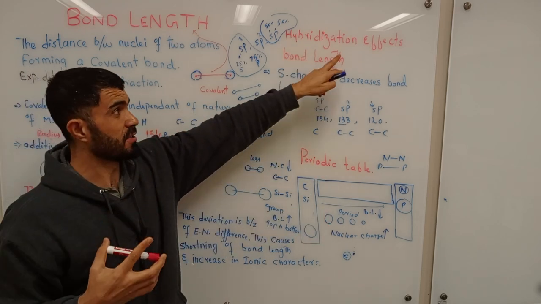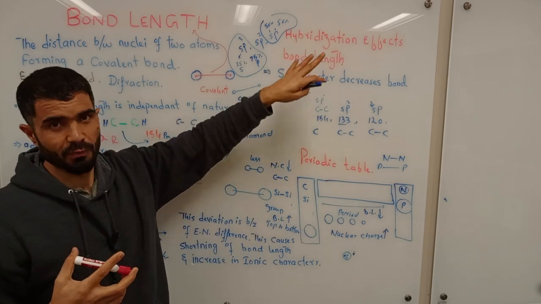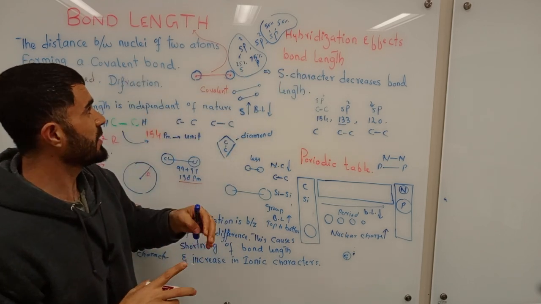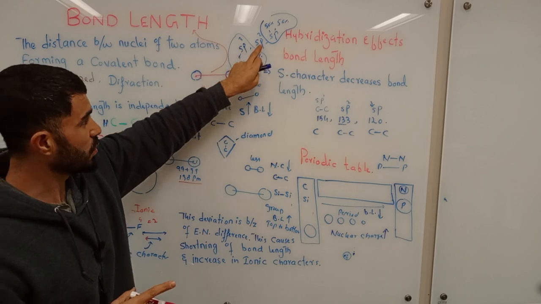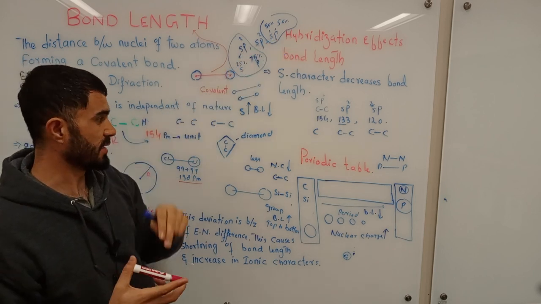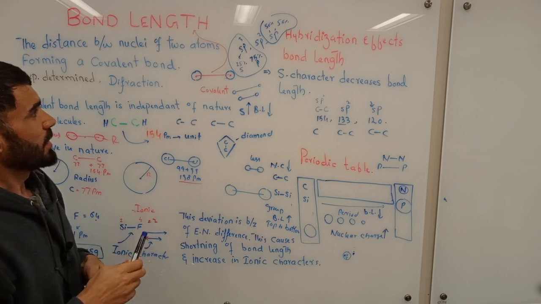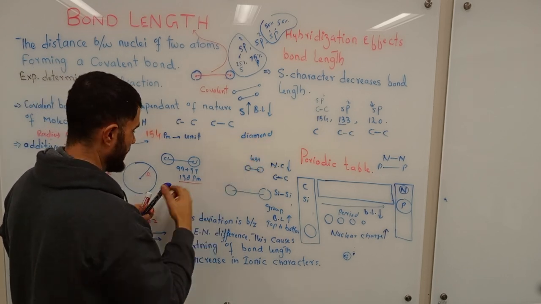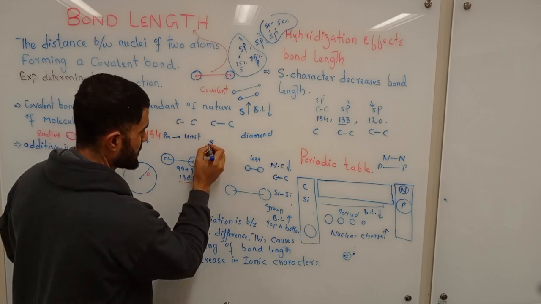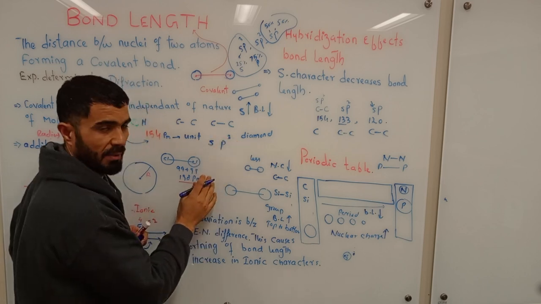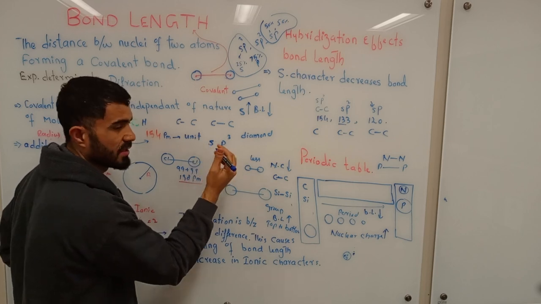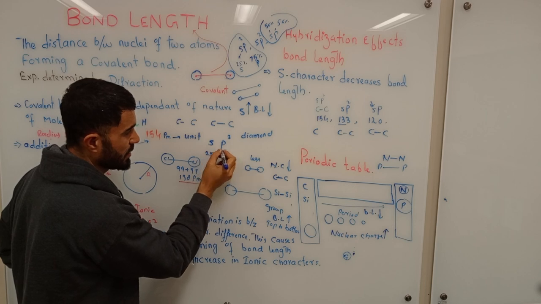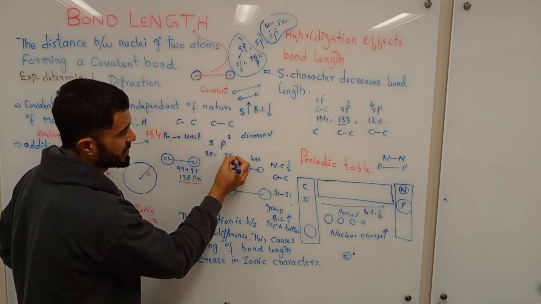It is hybridization. You know very well that hybridization is of 3 types: sp3 hybridization, sp2 hybridization, and sp hybridization. If you check in sp3 hybridization, there is 1s and 3p. 1s is 25%, 3p is 75%.